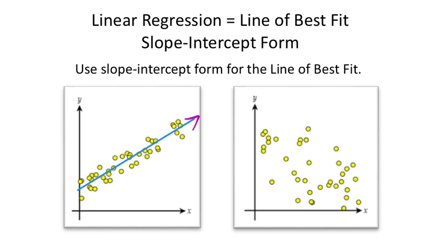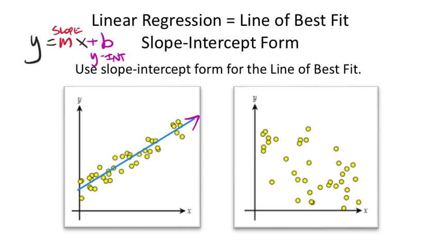So slope-intercept form is the form that we're going to see these in. The form that we looked at was y = mx + b, where m was the slope, and the plus b part is the y-intercept. The y-intercept can be found by looking at the graph, which we're not going to be doing, but you could look at the graph and just see where the line goes through the y-axis.